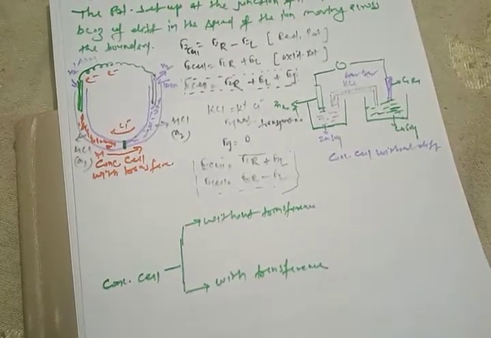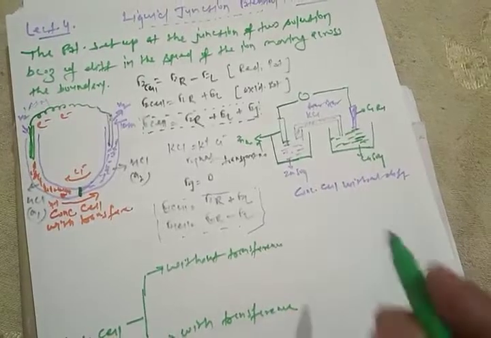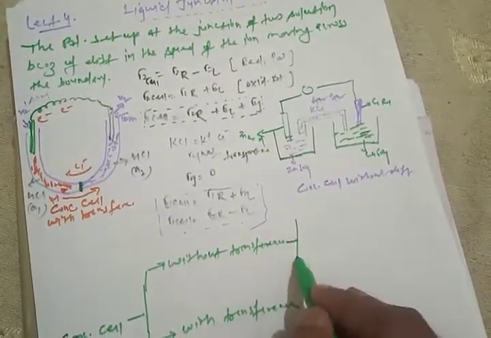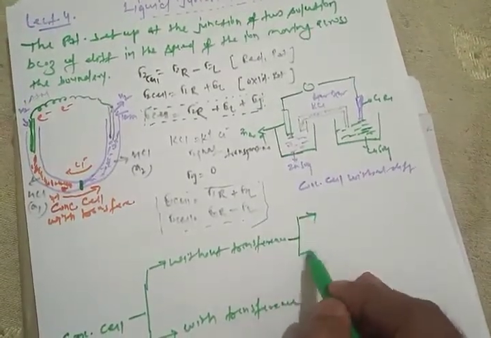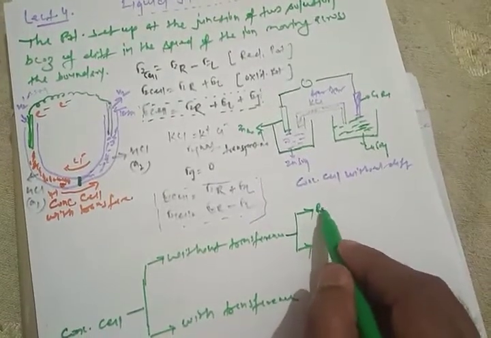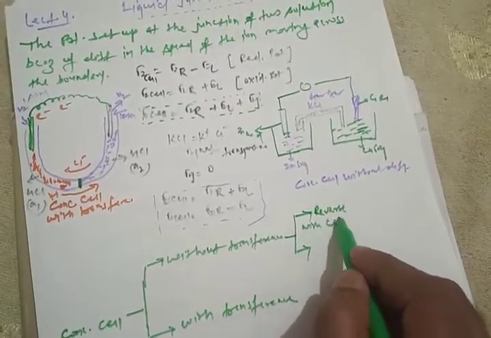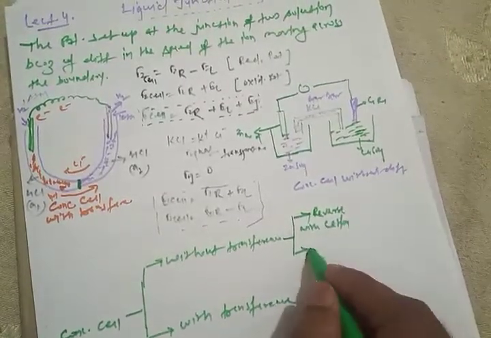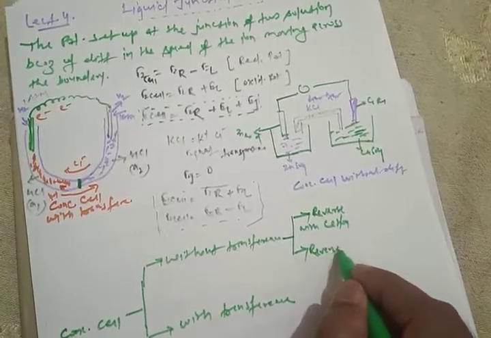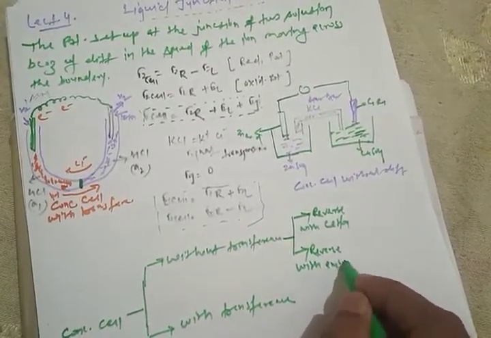In without transference again we have two choices, reversible with cation and reversible with anion.